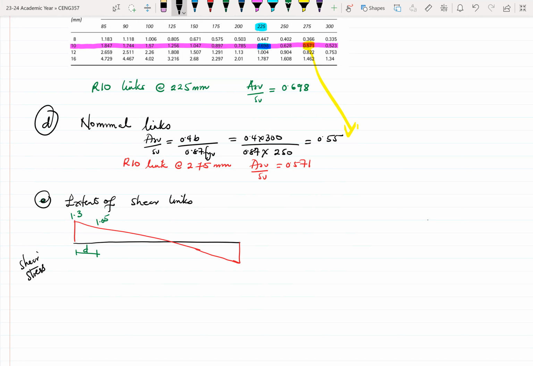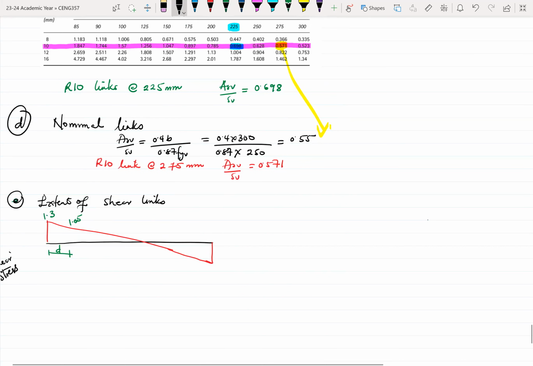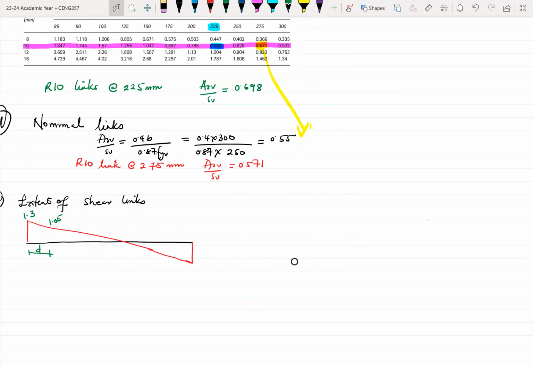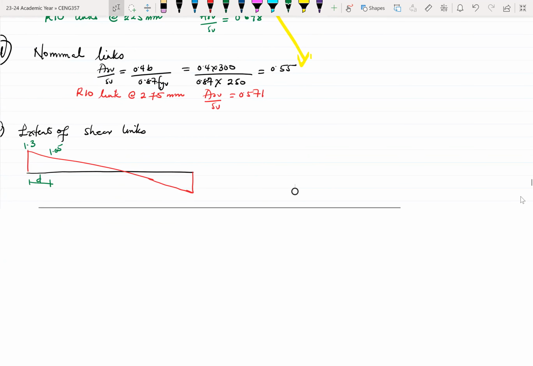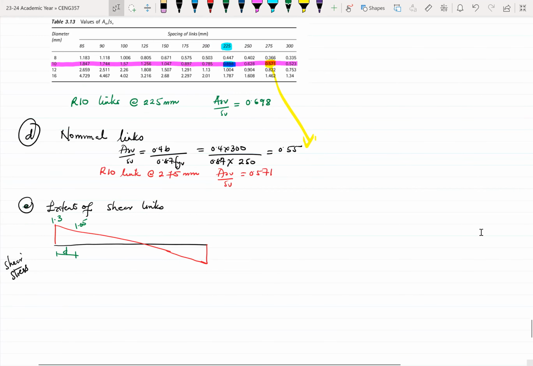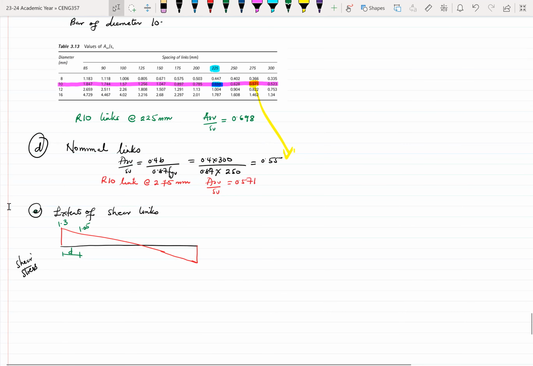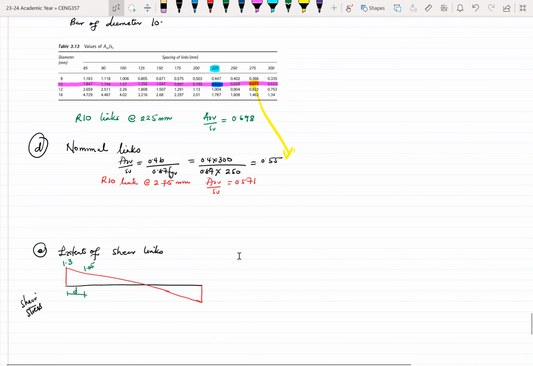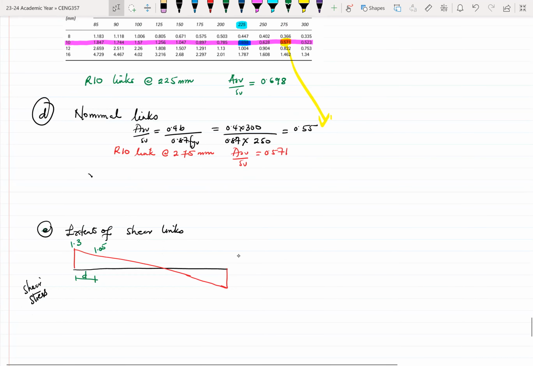Now, if you are dealing with nominal links, I think I need to create a bit more space. So let me just move this down a little bit. Yeah, it works. So normally when you're dealing with nominal links, you might need a V, where this V is simply VC plus 0.4, because that's the highest level you need for nominal links.